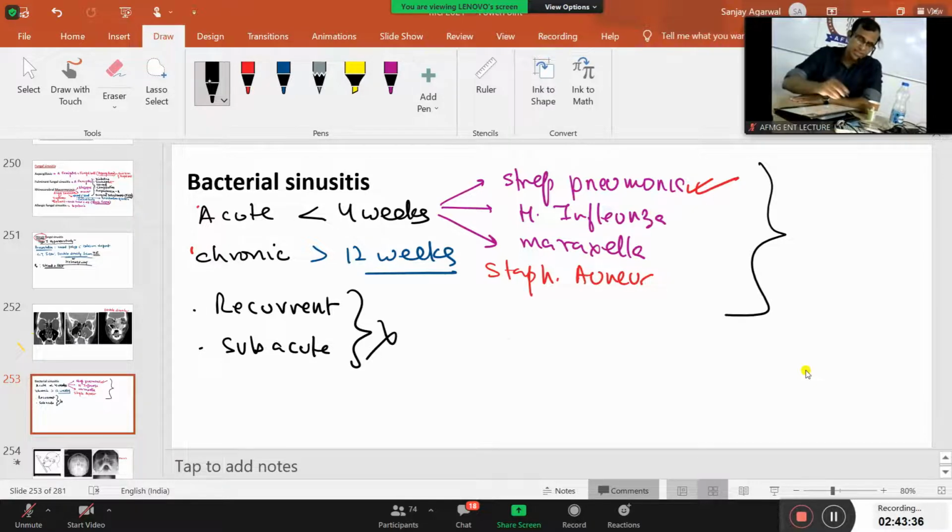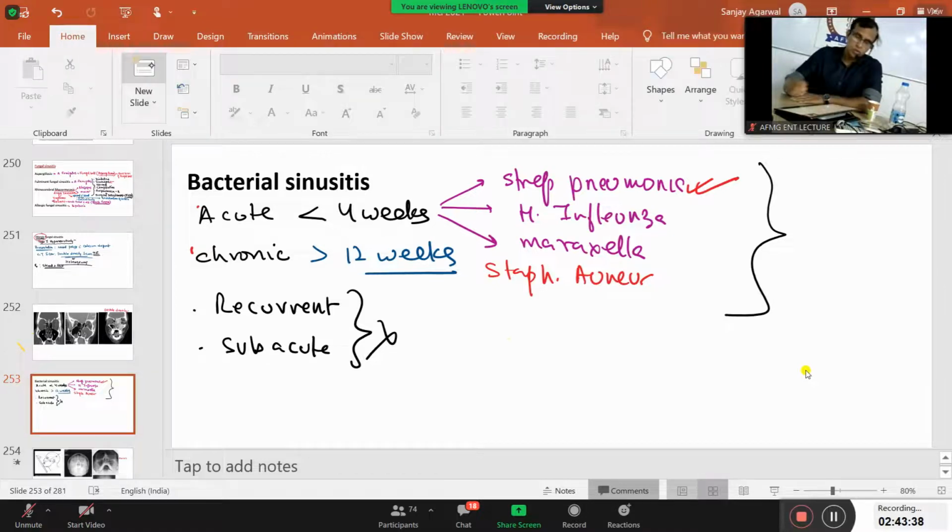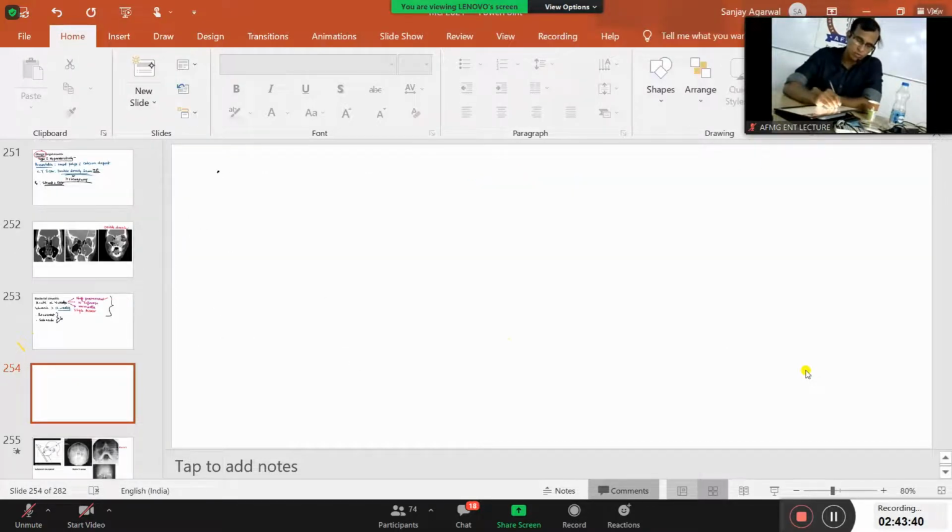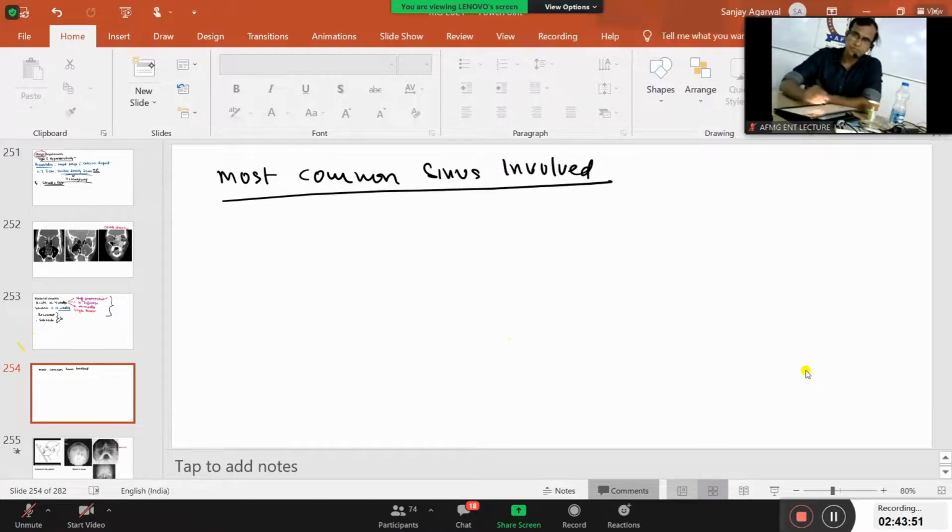Now, the second thing they ask you is, which is the most common sinus involved in sinusitis? It depends on the age of the patient. Is it an adult or a child?